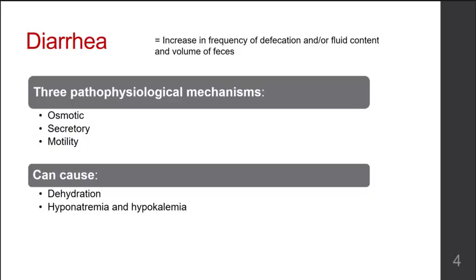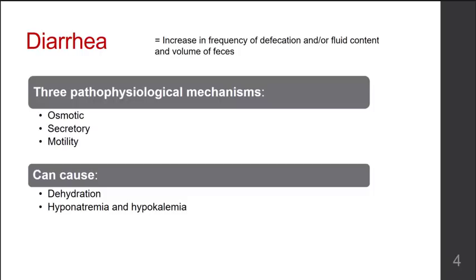There are three main pathophysiological mechanisms that can cause diarrhea. You can see that it involves osmotic diarrhea, secretory diarrhea, and motility diarrhea. We'll define them briefly.